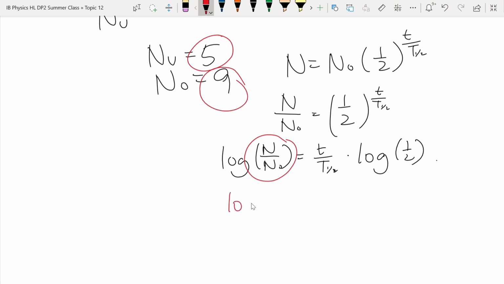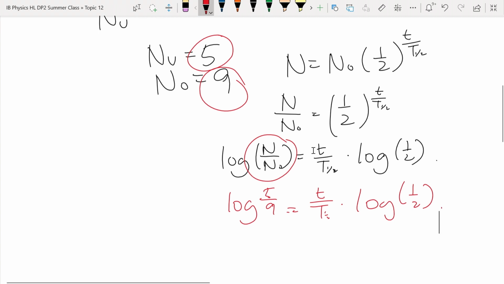So this is the log of 5/9 equal to t divided by half-life times the log of 1/2. You could have simplified before as well. It wouldn't have mattered.